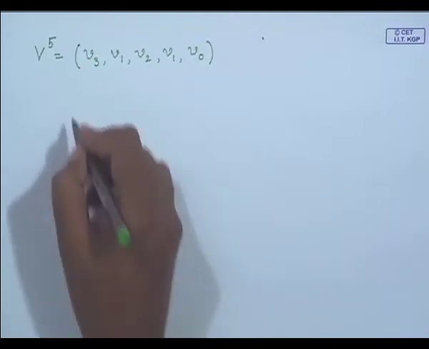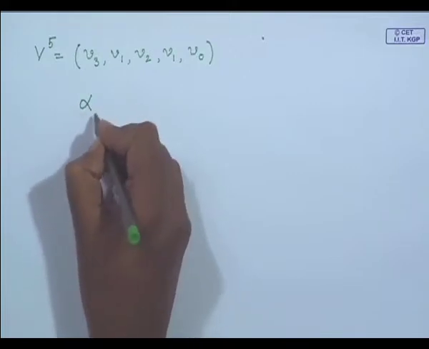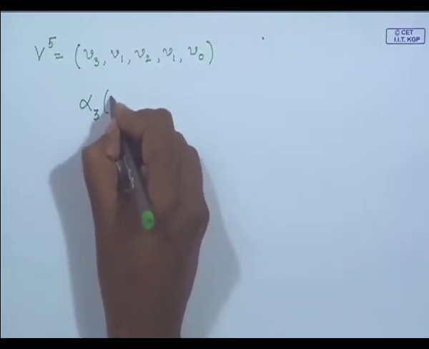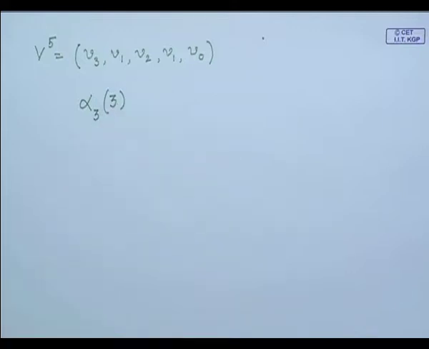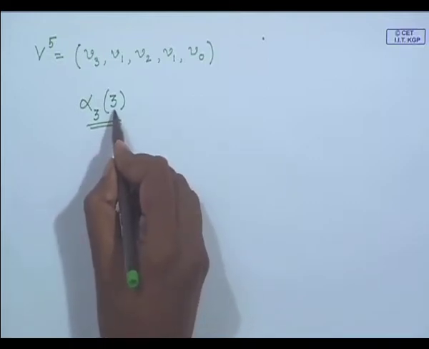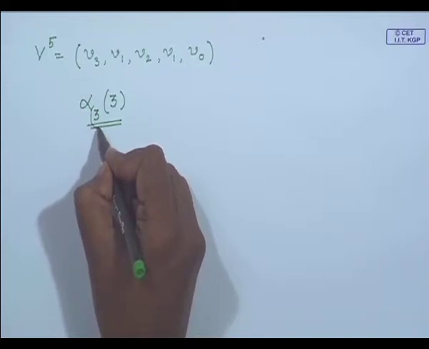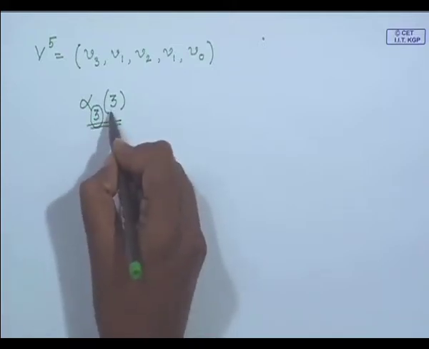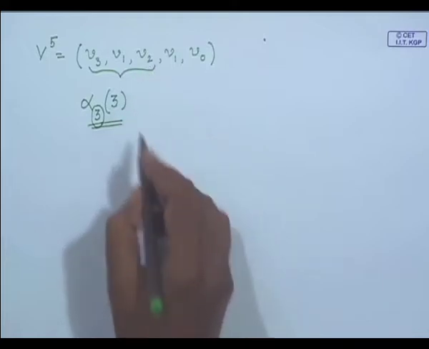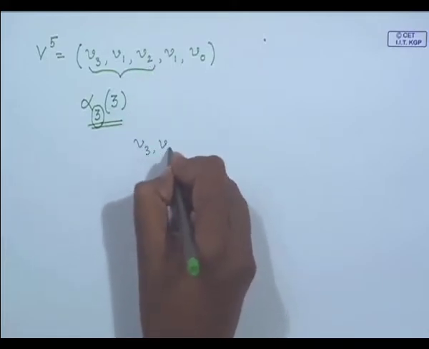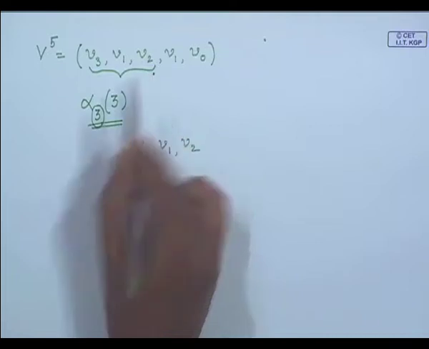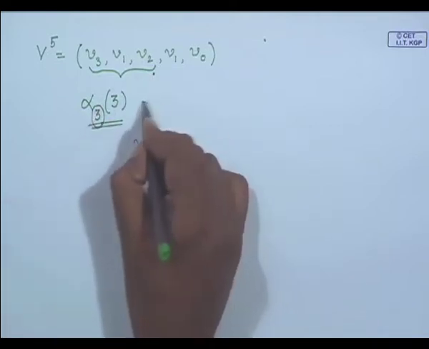If we want to find the term alpha 3 at t equal to 3, this says what is the probability that the hidden Markov model will be in state omega 3 after generation of the first 3 symbols, that is V3, V1, V2.